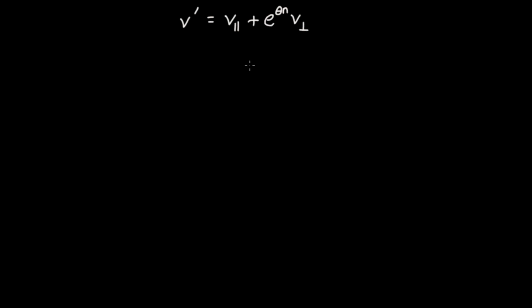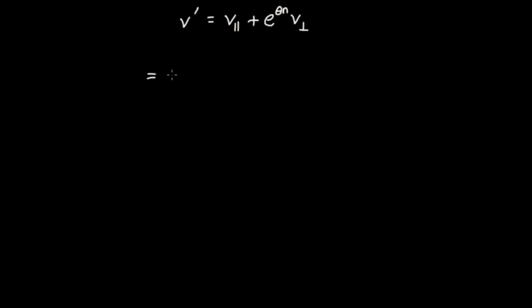With those two facts in hand, I can now write this formula in a much more compact way. And to do it, it's actually quite simple. I just have to invoke a couple dirty little tricks. Now, let's look at v parallel. Out in front, we're multiplying by 1. But the number 1 can be written in a number of different ways.